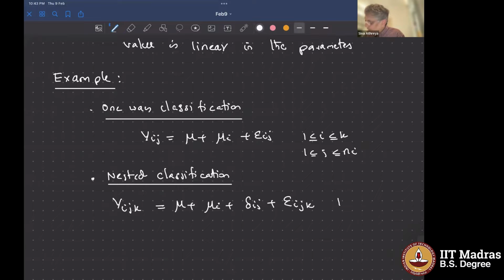And here 1 is less than or equal to k less than or equal to n_ij, 1 less than or equal to j less than or equal to n_i, and I have k populations, 1 less than or equal to i less than or equal to k. So it's kind of nested.